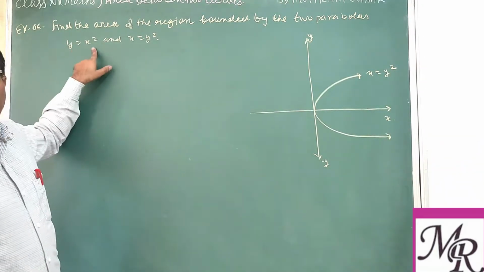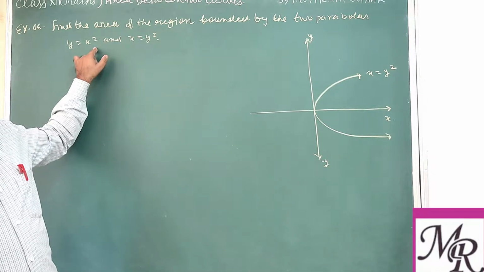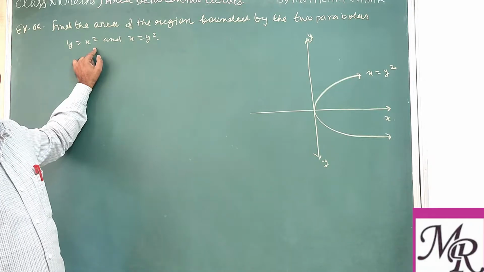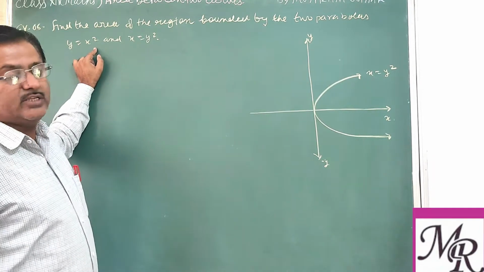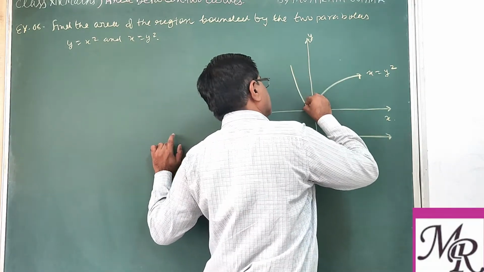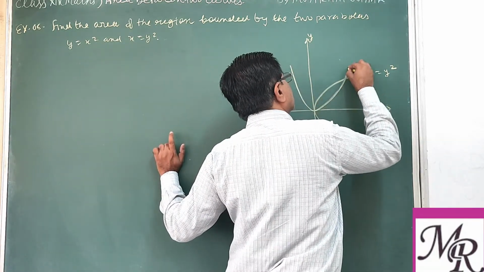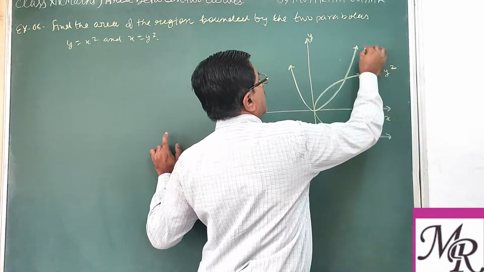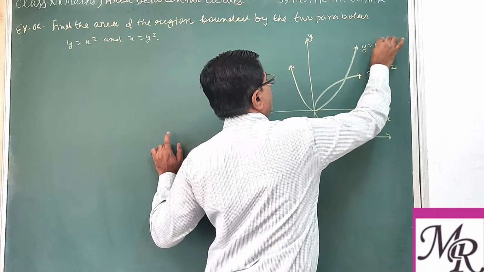Now this y equal to x square is the parabola of third type, whose axis is along the positive y-axis and vertex passes through the origin. So this will be like this. By the standard parabola, we can draw the figure.